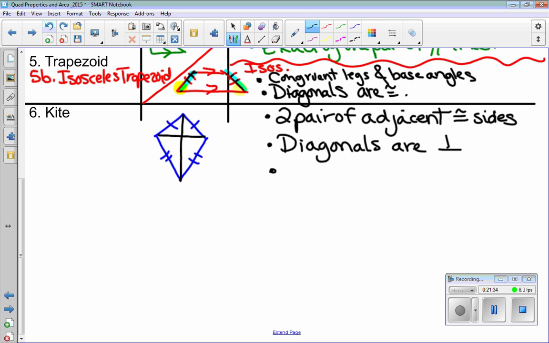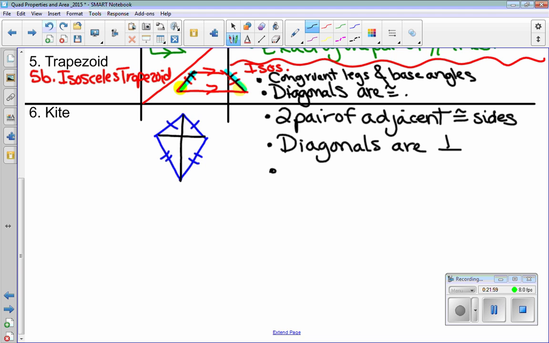And then something else is true. Something about the smaller diagonal, the minor one. What do you think is true about that one? Not the major one, but the minor one. The smaller of the two diagonals. What does it look like happens to it? It looks like it's cut in half, and it actually is.